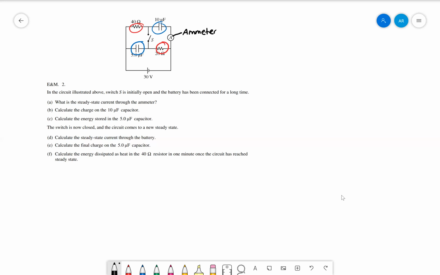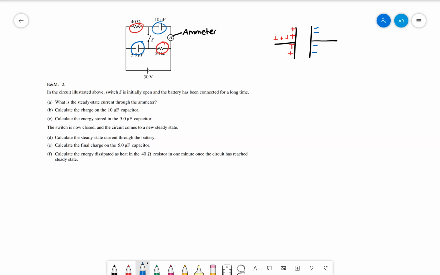Again, a capacitor works by charge coming and stacking on one side of the capacitor and the opposite charge being induced on the other.